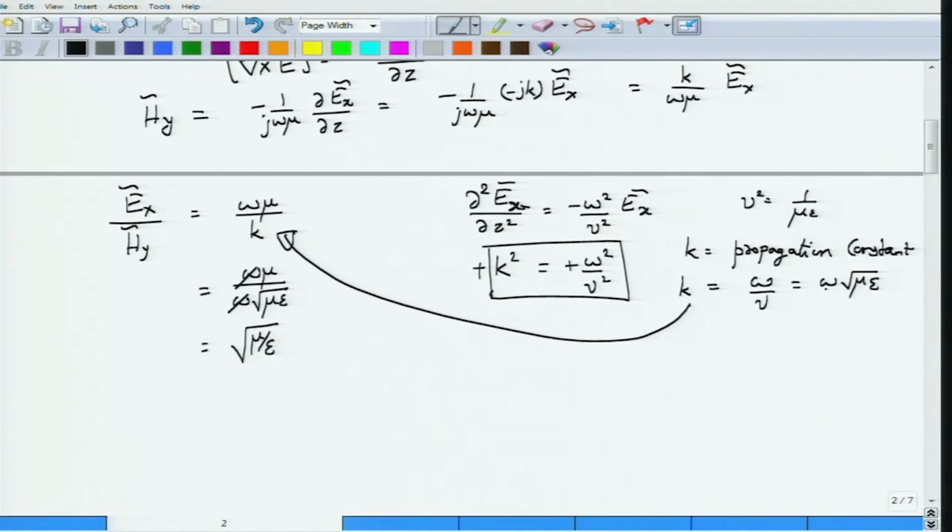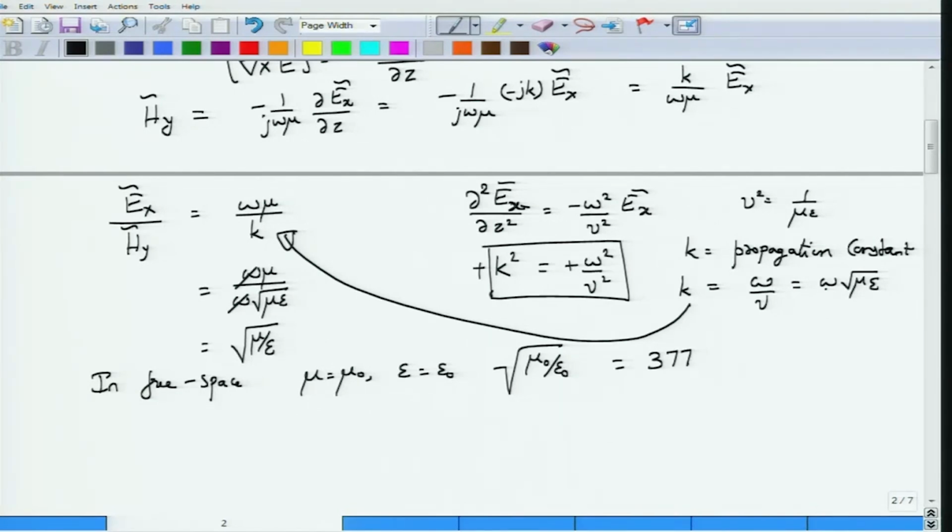In free space, mu is mu 0 and epsilon is epsilon 0. Therefore this ratio, square root of mu 0 by epsilon 0, tells you the ratio of the amplitude of the x component of the electric field to the y component of the magnetic field, and when you plug in the numbers you will see that this is around 377.